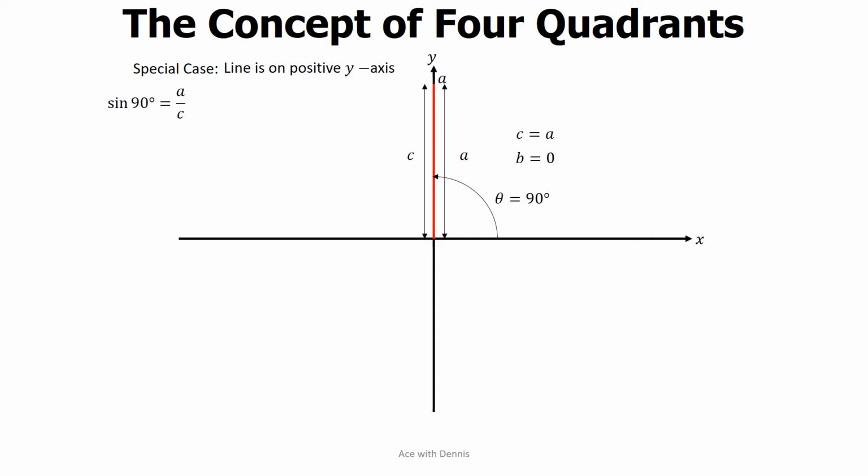Therefore, for sine 90 degrees, it is A over C, and since both are the same value, A over A, sine 90 degrees equals 1. For cosine 90 degrees, it is B over C, and B is 0, so it's 0 over C. The answer is 0. For tangent 90 degrees, it is A over B, and since B is 0, it will be A over 0, which is infinity. So remember these special angles.